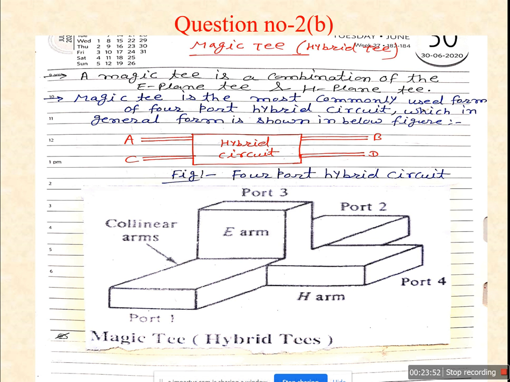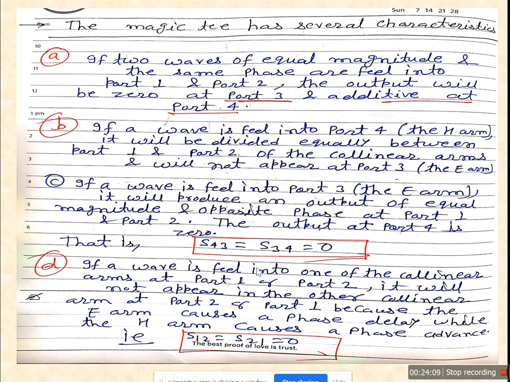In there you will find the magic T. A magic T is a combination of E plane and H plane tee. Magic T is the most commonly used form of the 4-port hybrid circuit, which is in general form like this. These are the ports. And the working characteristic is this: if 2 waves of equal magnitudes and the same phase are fed into port 1 and 2, the output will be 0 at port 3.